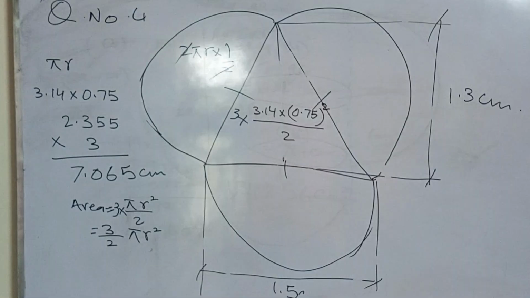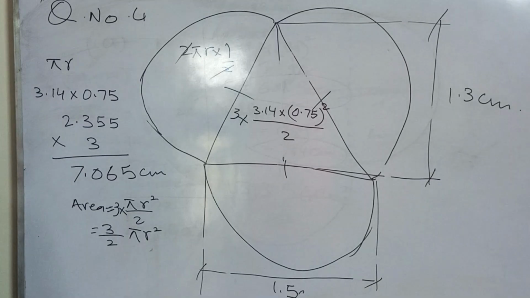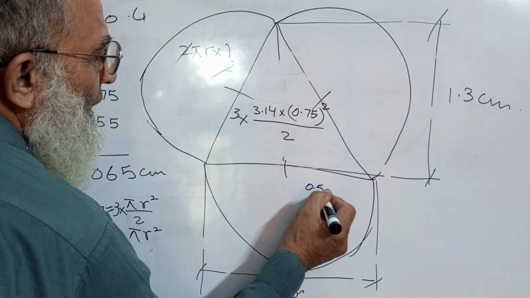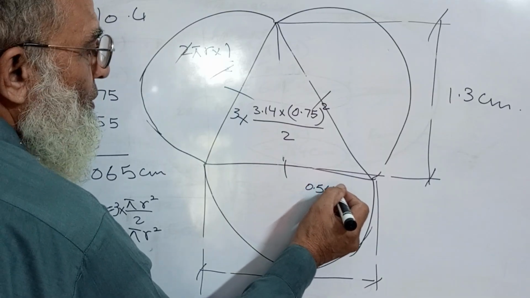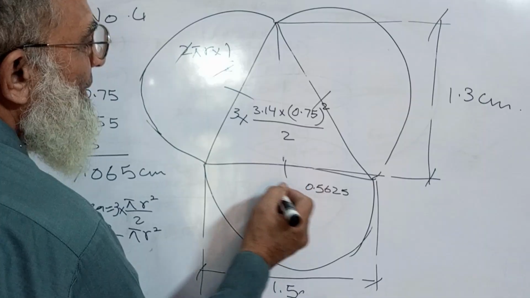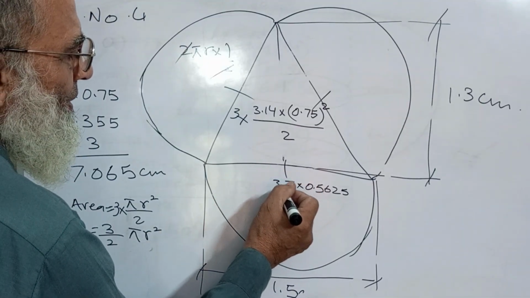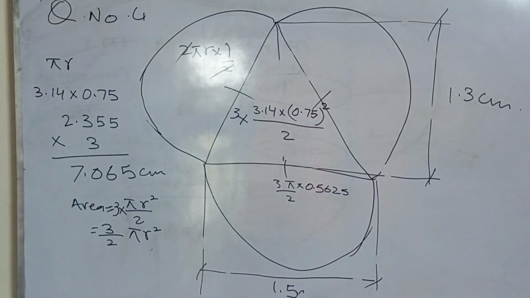This is the whole story. So let me calculate all the things now. 0.75 the whole square is 0.5625, multiplied by 3 pi upon 2.